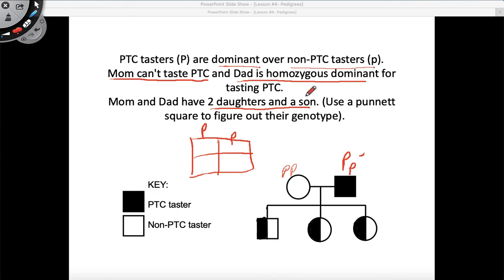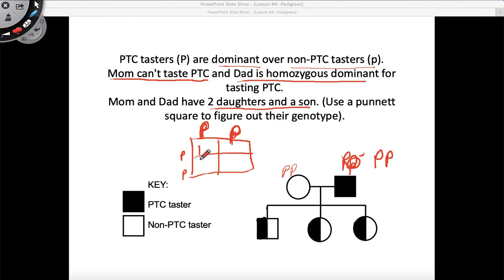Oh, wait a minute. I did this incorrectly. Dad is homozygous dominant, so dad is big P, big P, and mom can't taste. So mom is little p, little p, sorry about that. So this is dad, big P, and mom is little p.